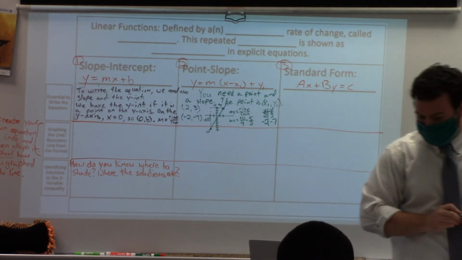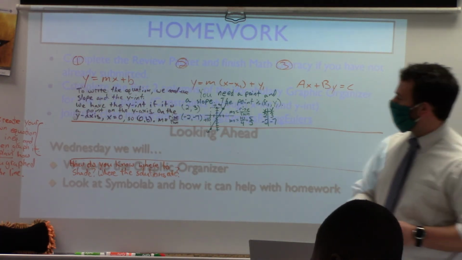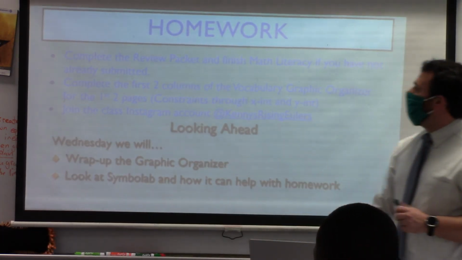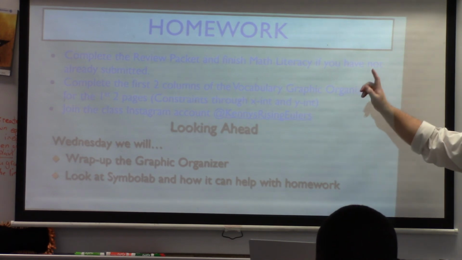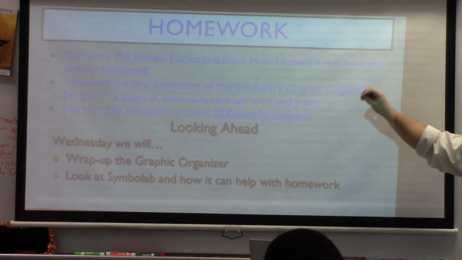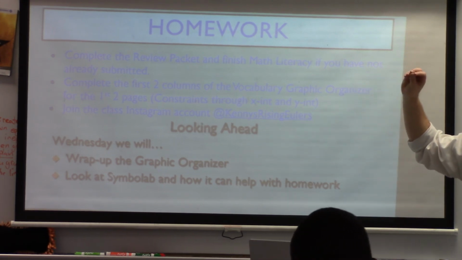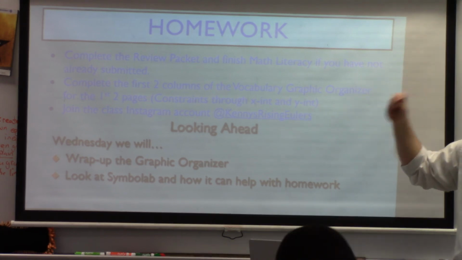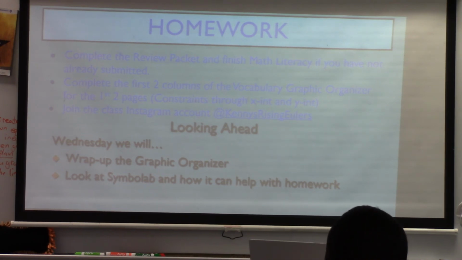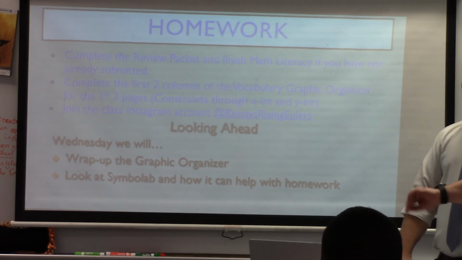We will pick back up there tomorrow because I need to show you your homework. You need to complete the review packet and finish math literacy if you have not already. The first 2 columns of the vocabulary graphic organizer for the first 2 pages, so constraints through x-intercepts and y-intercepts, is due tomorrow. Is that clear? Yes, sir. We good on that? Okay, so the first 2 columns of the vocabulary graphic organizer, just for the first 2 pages.